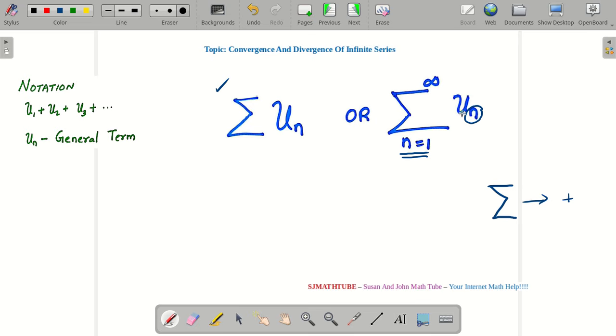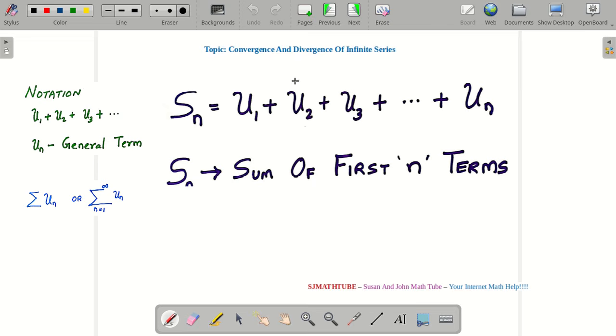So u1 plus u2 plus u3 plus etc. So remember, a series can be written as sigma un, simply sigma un, or you can use the counter n equal to 1 to infinity sigma un. Okay, now the sum of the first n terms, it's denoted by Sn.